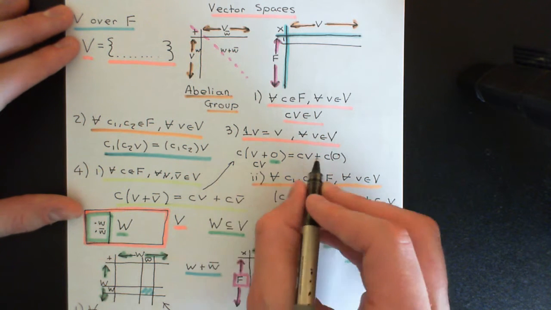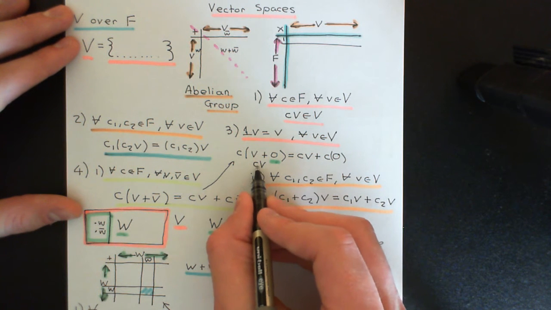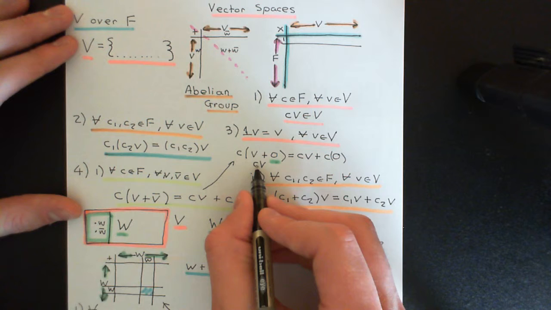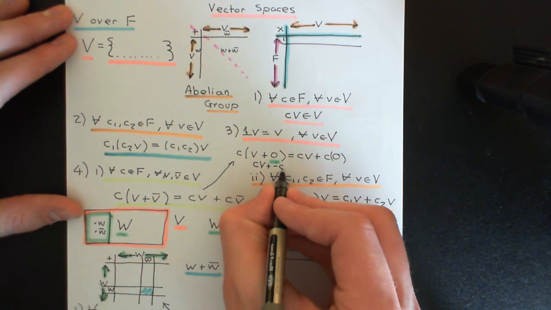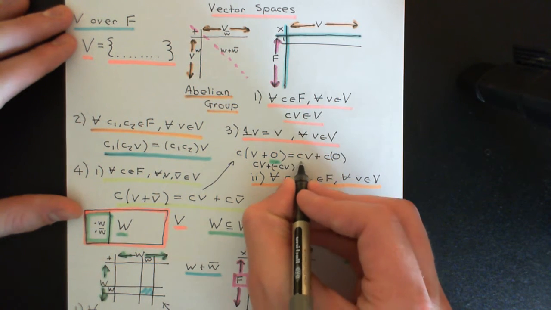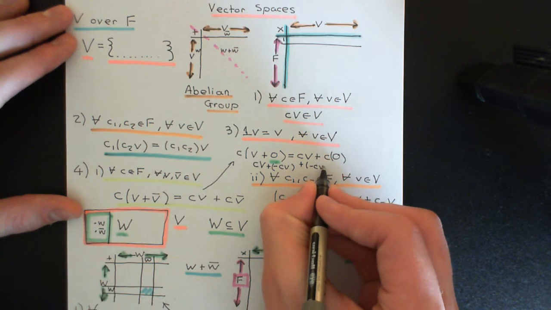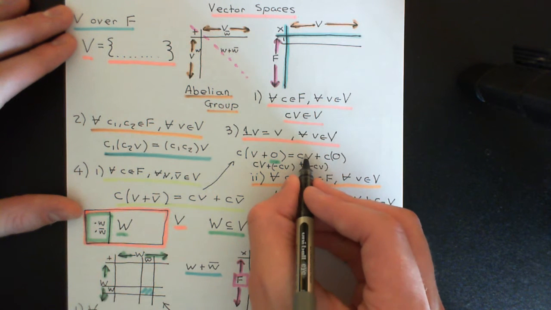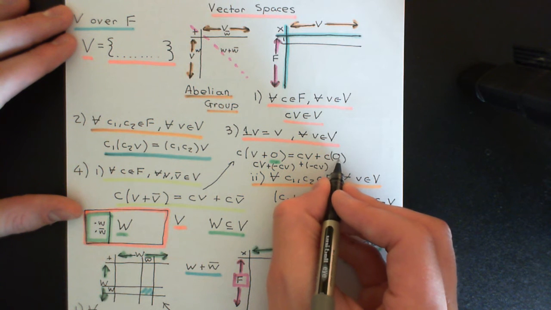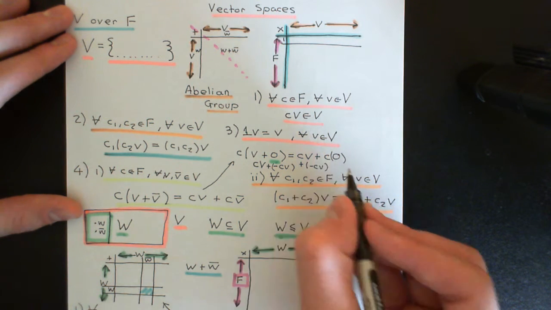So what we can now do is add the additive inverse of C times V onto both sides of this. We'll add negative CV onto both sides, and what that will do is get rid of the CVs on both sides. So we'll get the zero vector on this side, and the zero vector plus C times 0 on the other, but that's obviously just equal to C times 0.